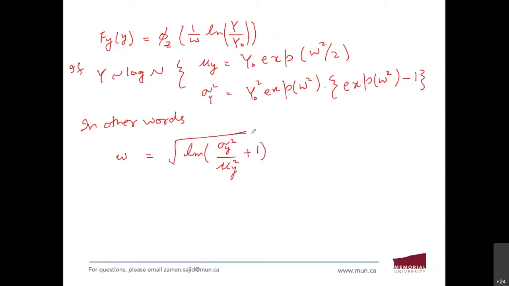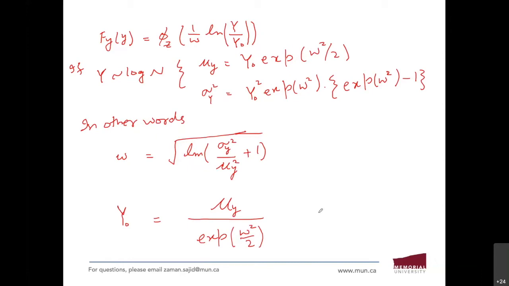This goes for all, actually. And my y naught will be equal to mu of y over exponential of w square over 2.